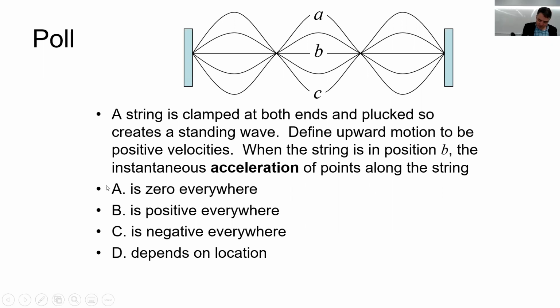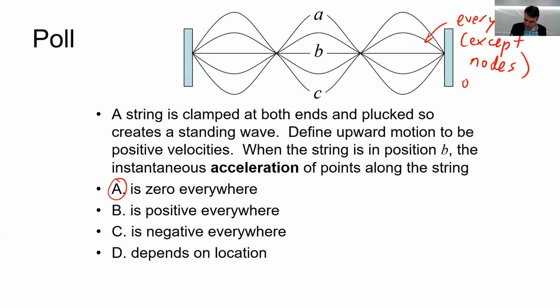This is more of a simple harmonic motion question, really, because once again, every point except nodes, because the nodes are just sitting there, oscillates or vibrates up and down with simple harmonic motion.